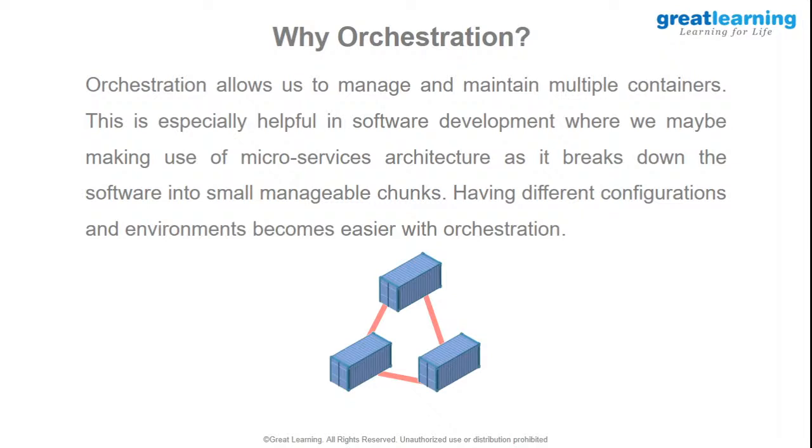That's why we divide into manageable chunks, and that's what microservices is as a concept. Having different configurations and environments also becomes easier with orchestration. You can have multiple different types of environments connected to each other and manage them using orchestration, because orchestration helps you pinpoint all of these things. If there are any issues, it goes to the root of them and helps you resolve them in a very fast way.